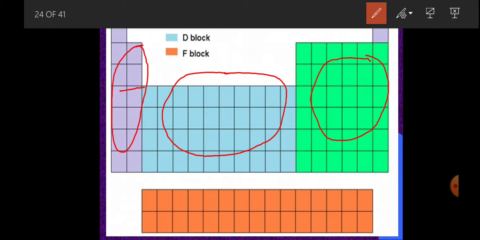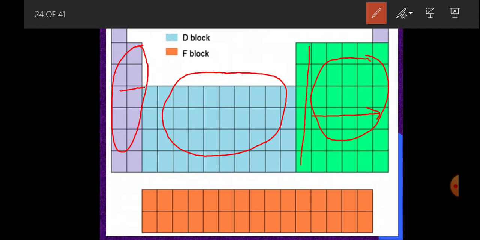The other elements are on this side of the periodic table, and mostly apart from this particular group here are non-metals. So generally that's how a periodic table looks.